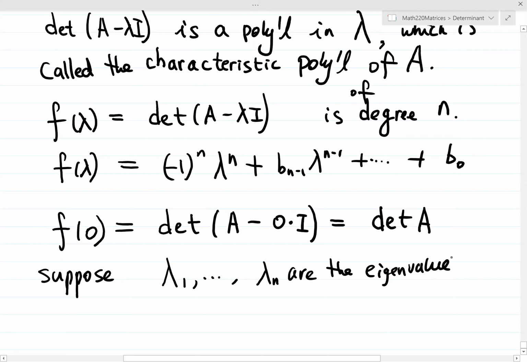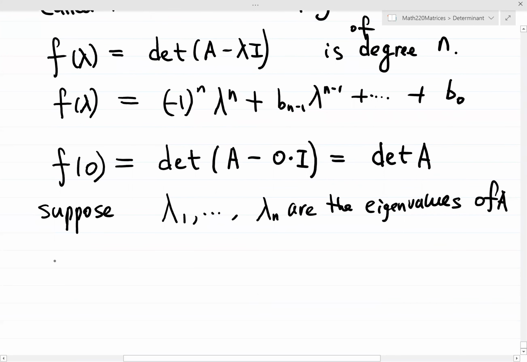It's possible that lambda 1 may be equal to lambda 2, etc. So we may have multiplicity, so it's okay. Suppose we have the n eigenvalues of A, then we can write f(lambda) in this form.